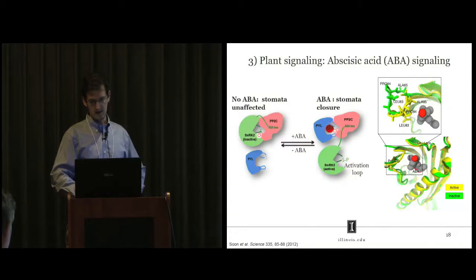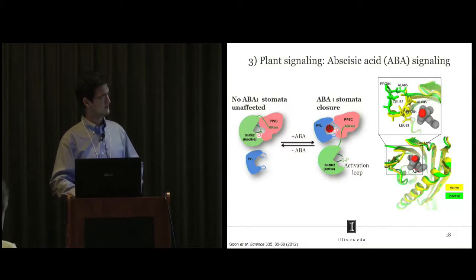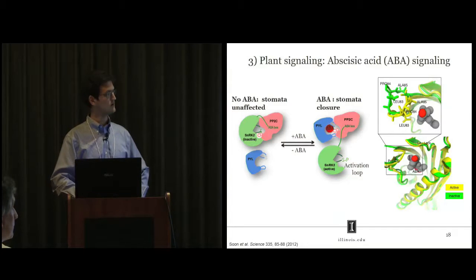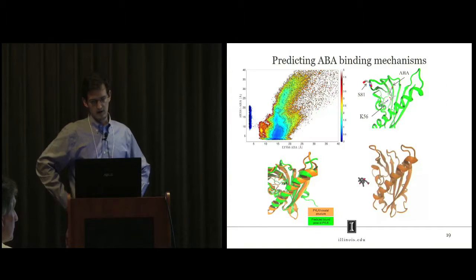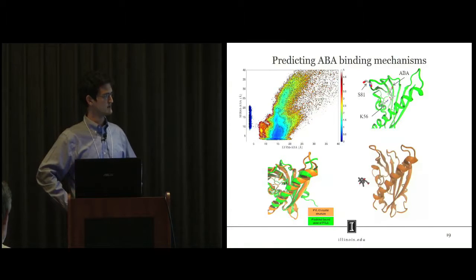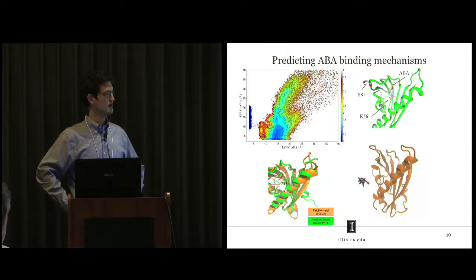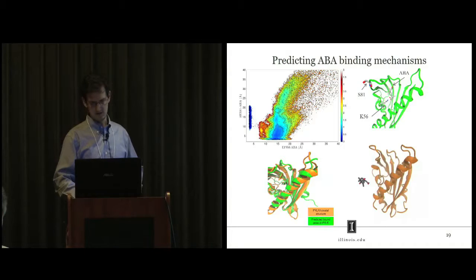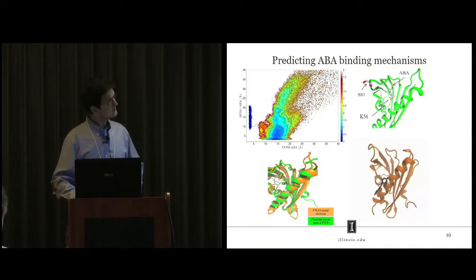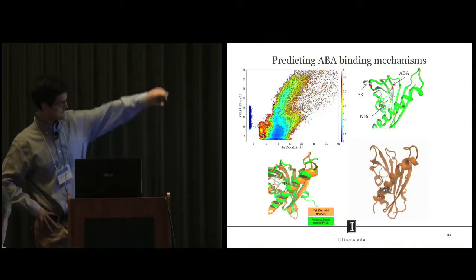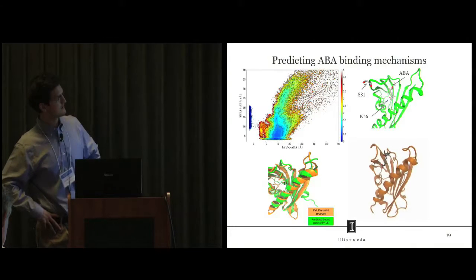So on the right is just showing there's a very minor conformational change in the protein with binding of this hormone. So what we wanted to do is look at how the binding process happens and why binding of ABA, this hormone, activates the receptor. So we performed simulations of the binding process, and that's a free energy plot similar to before, shown on the top left.